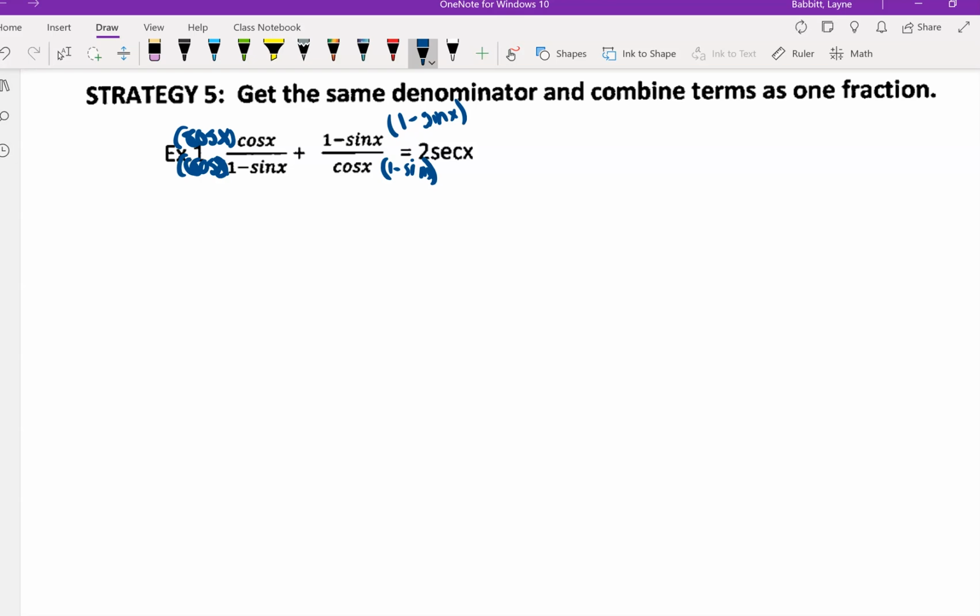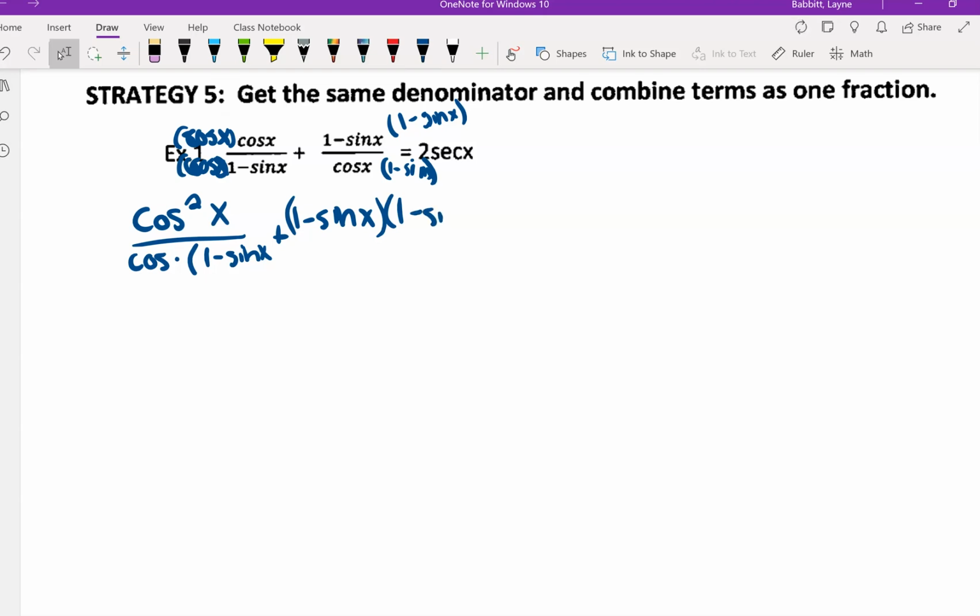So the first one's going to be cosine squared x over cosine x times 1 minus sine x, plus the second one is going to be 1 minus sine x times 1 minus sine x over cosine x times 1 minus sine x.